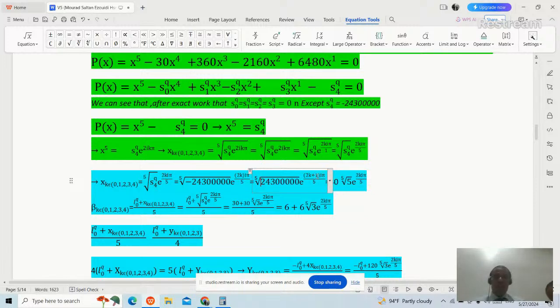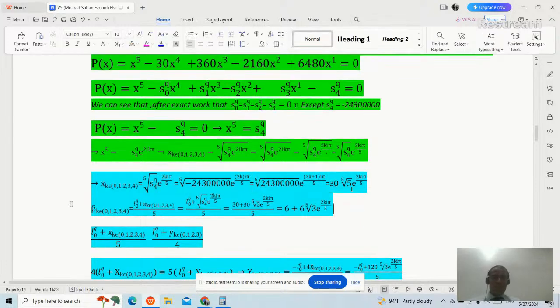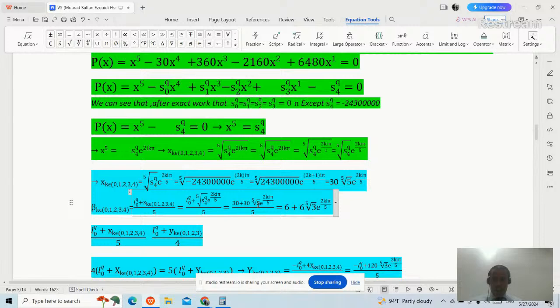Then divide by the fifth root, 1 over 5. Therefore, this one will be 30, this is only 5, and this is of course 2 exponential. Then the next, 30 divided by 5 is 6, so it's written 6, plus the sixth root of 5, exponential (2k+1)/5.